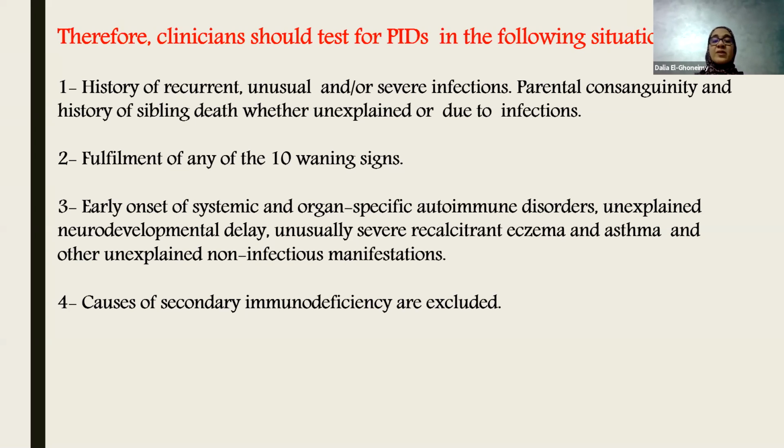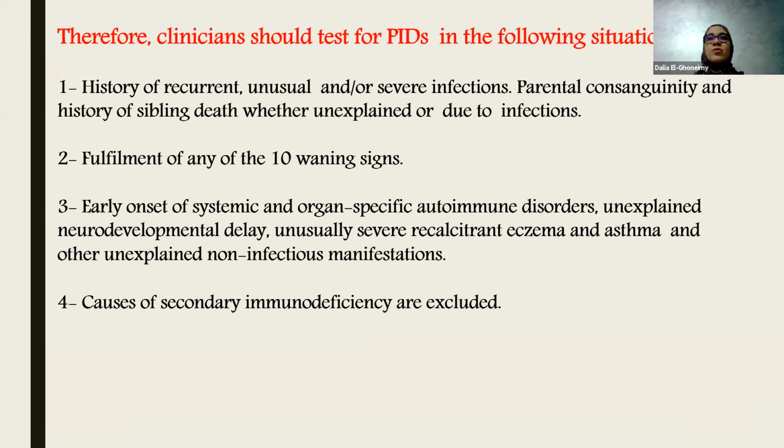No. But if the patient has an early onset of systemic and organ-specific autoimmune disorder, unusually severe, unexplained neurodevelopmental delay, unusually severe recalcitrant eczema and asthma, and other unexplained non-infectious manifestations, especially if this family doesn't have a pronounced load of autoimmune disease running in families, like in its classical presentation, and it tended to occur at a young age in severe form, usually resistant to the usual treatment.